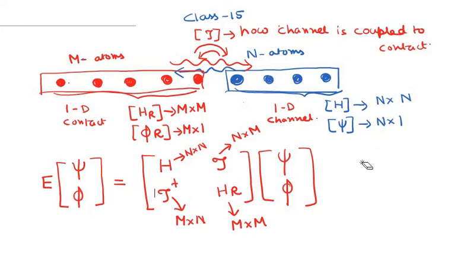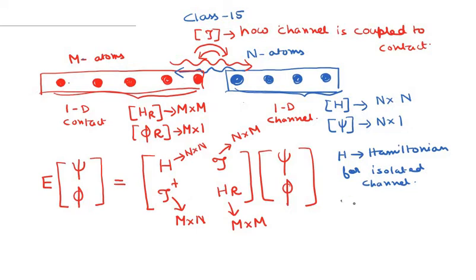Let me write it here. H is the Hamiltonian for the isolated channel. Isolated means this channel is not coupled to the contact.